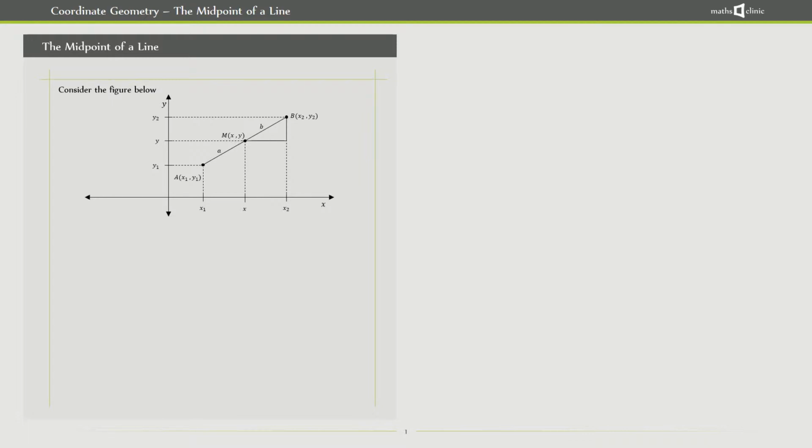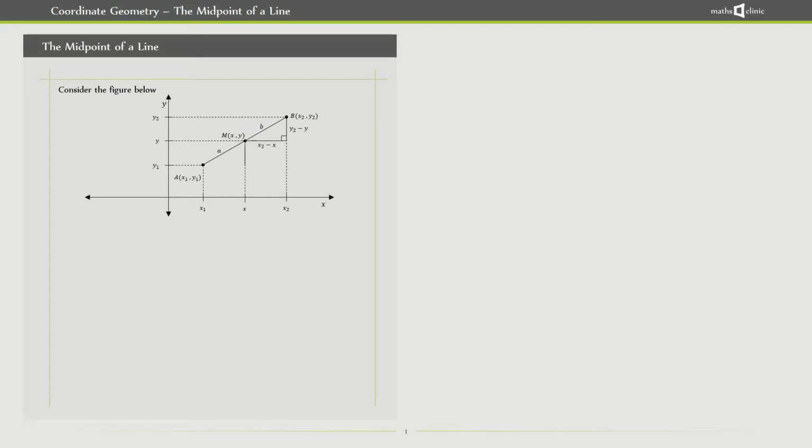Now I'm going to form a triangle, using B as my hypotenuse, a right angle triangle. Basically I'd have the adjacent of this right angle triangle as x2 minus x, and the opposite of this triangle as y2 minus y.